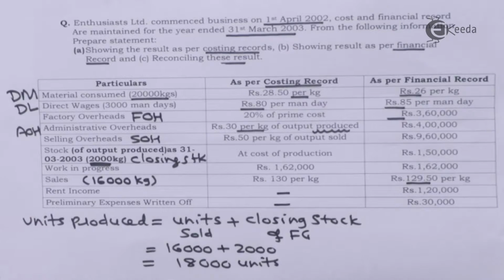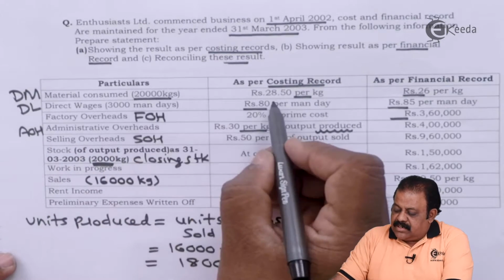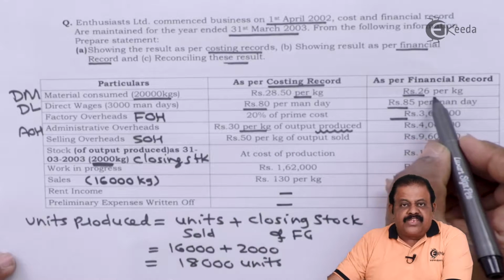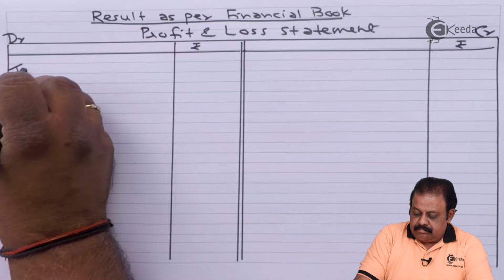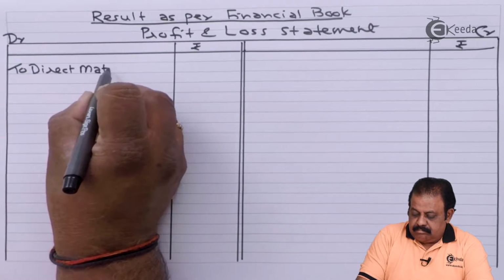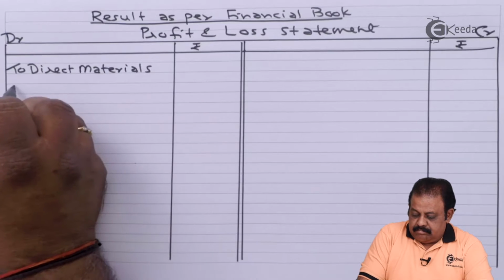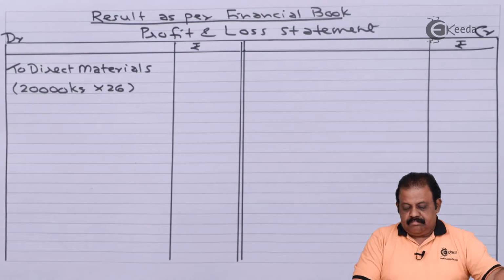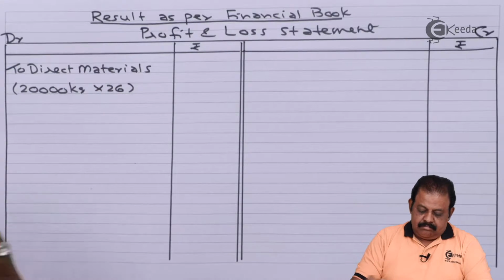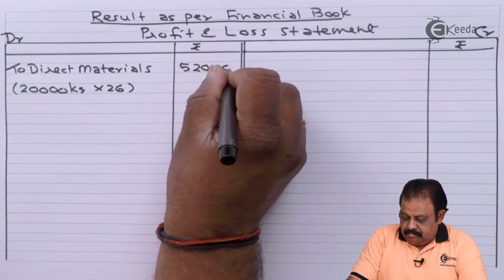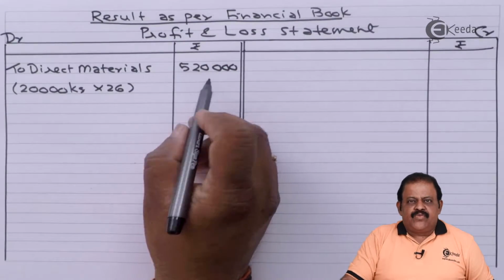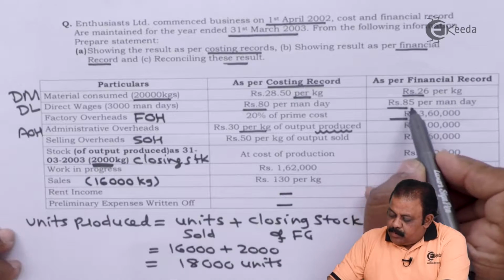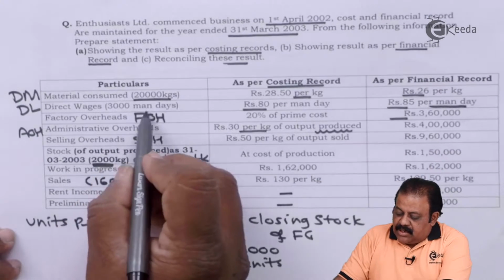Let us first find out profit as per financial book by preparing profit and loss account. Direct material consumed 20,000 kg. As per financial book, we are paid rupees 26 per kg. It is rupees 5,20,000. Direct wages rupees 85 per man day, and there are 3000 man days.